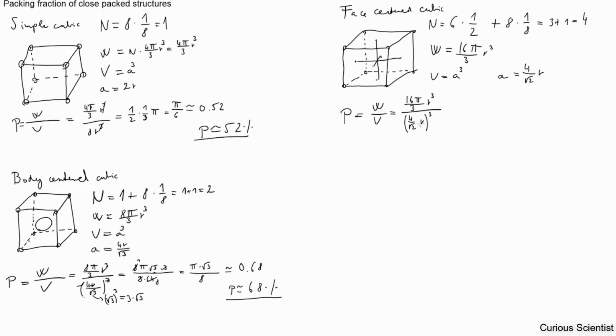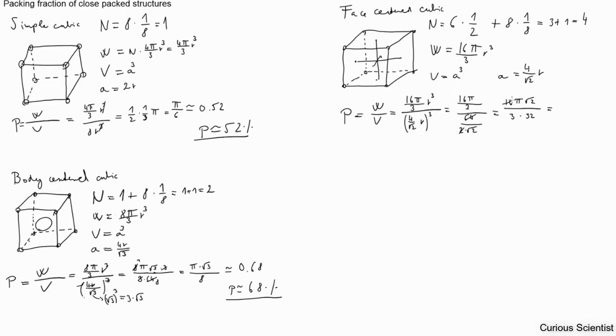Now we see immediately that we can simplify with the r squared, and we will be left with something like 16 pi times, you can see 3, and then you make the power, so this will be 64, and then 2 times square root of 2, and then let's divide it by 3, and we simplify with this, so 32.